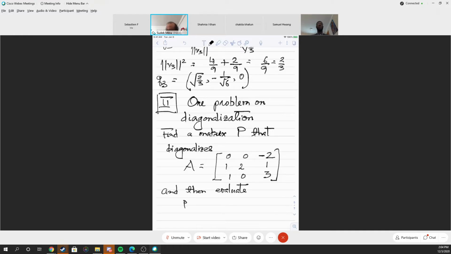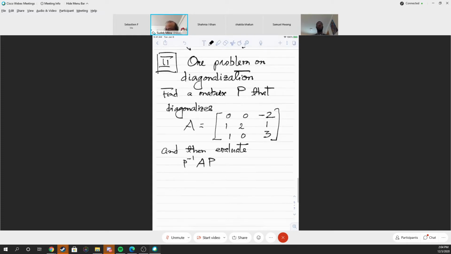So P inverse AP will turn out to be a diagonal matrix, right? So how do you do this?